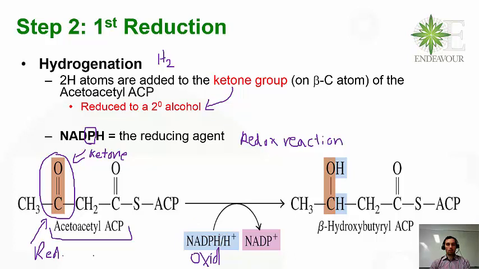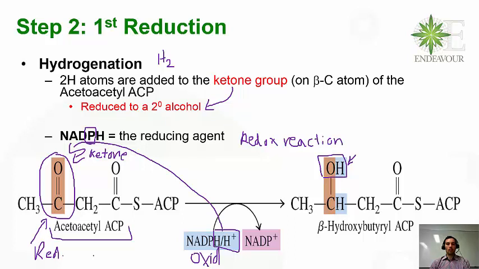Essentially, we take the hydrogens off the coenzyme and put them onto the carbon here. We can see where those extra hydrogens have been put: one associating with the oxygen and another with the carbon. So now we don't have our carbonyl group, which is a part of the ketone. We've now got our OH group, which is our alcohol.